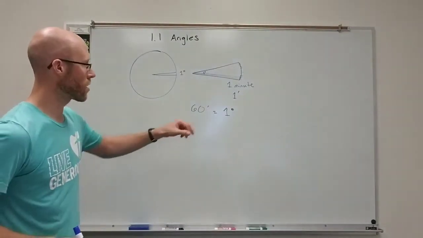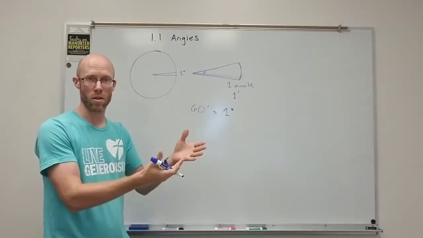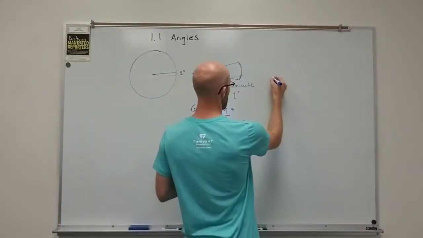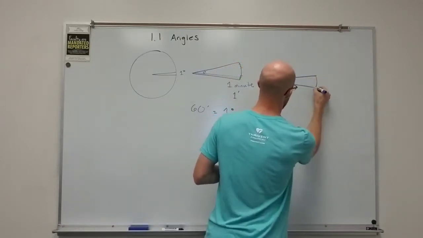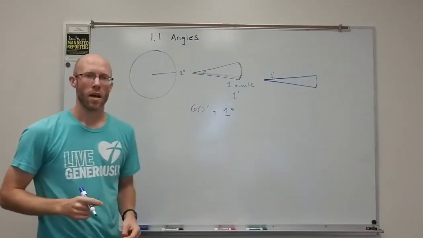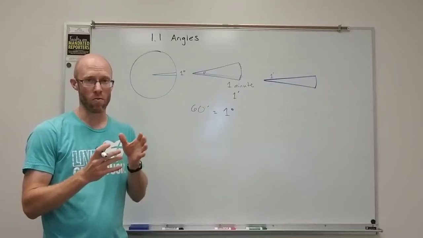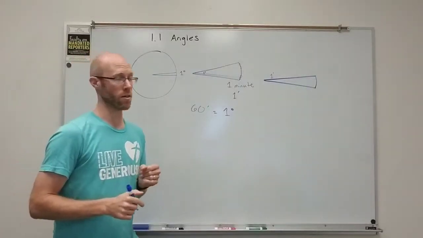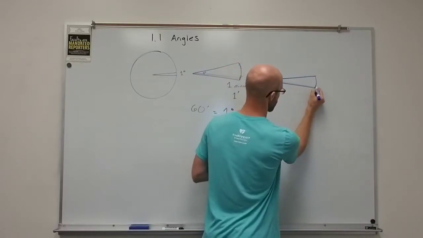Now, if you were to take 1 minute and zoom in on that, just like we did with the degrees, so now we've got an angle of 1 minute, and then you chop that up into 60 more pieces, now we're getting very tiny pieces of a circle.